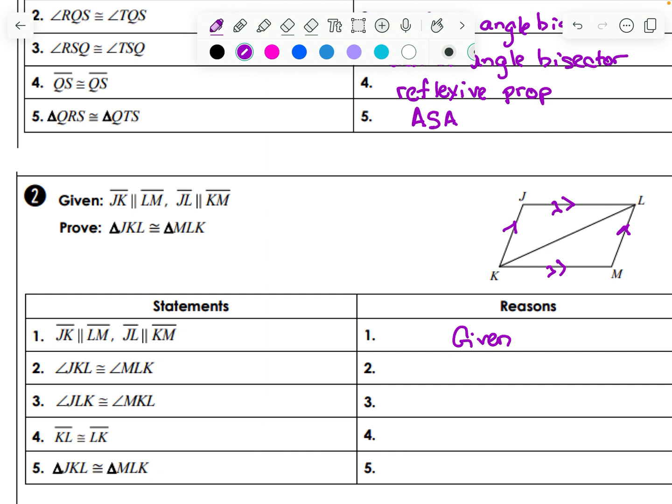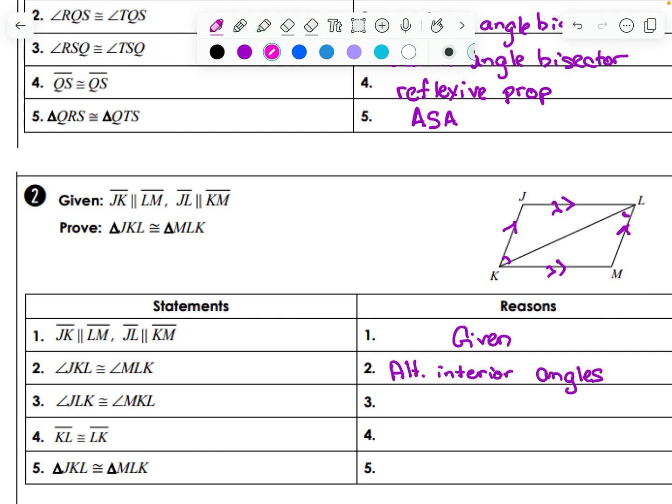So we have JKL is congruent to MLK. What kind of angles are those? Well, those are alternate interior angles. And it can go the other way as well.